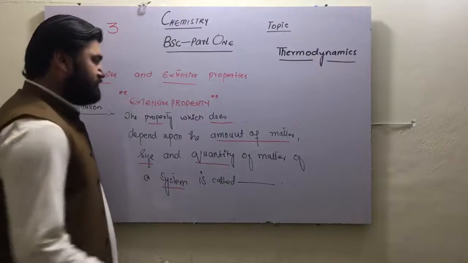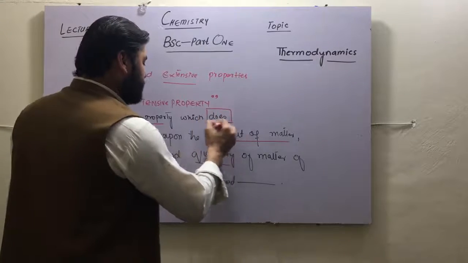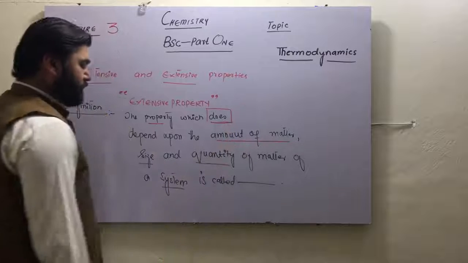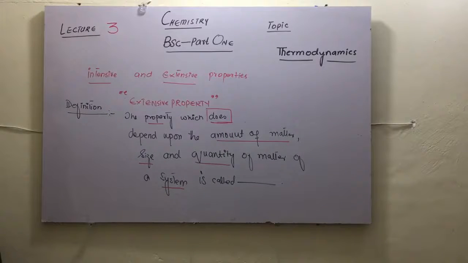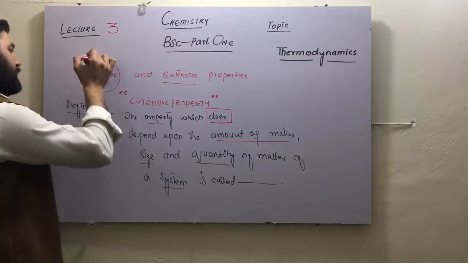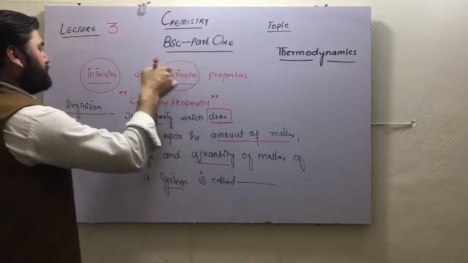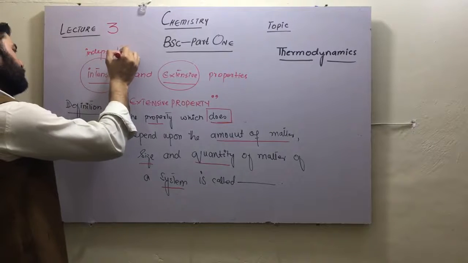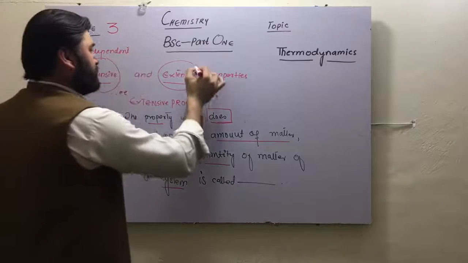The property which does depend upon the amount of matter, size and quantity of matter of a system is called an extensive property. It means it is dependent. This is dependent, this is independent, this is independent, and this is dependent.